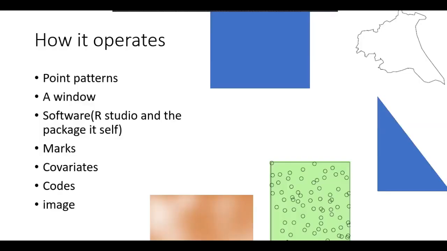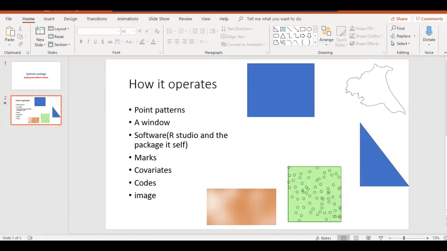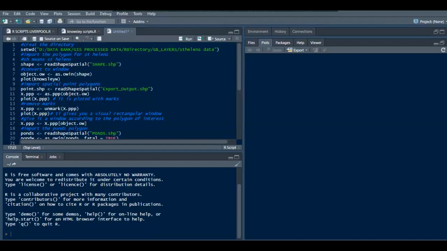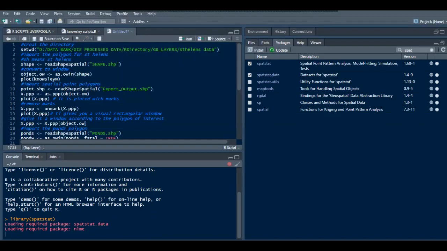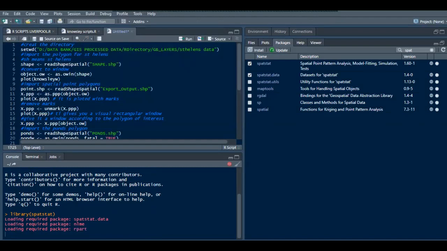So basically that's it. Now we need to look at how to implement it in R. I'm going to first of all show you that you need these packages. You need to first install the package Spatstat, go to the Spatstat library and load it.